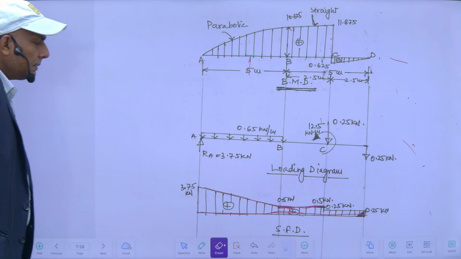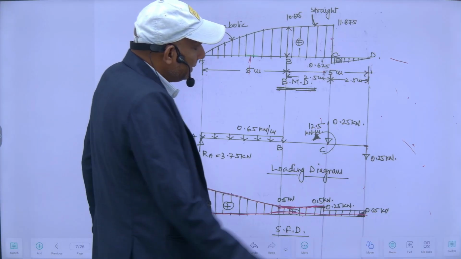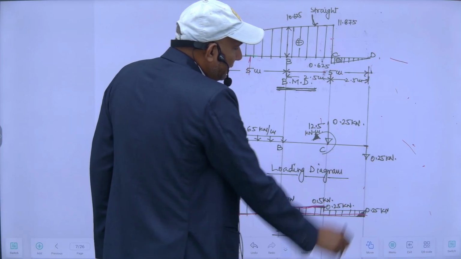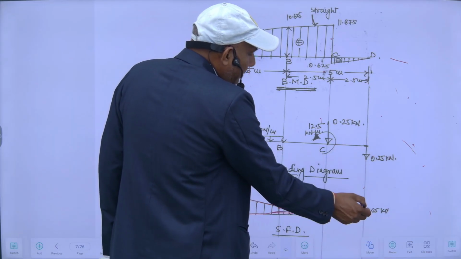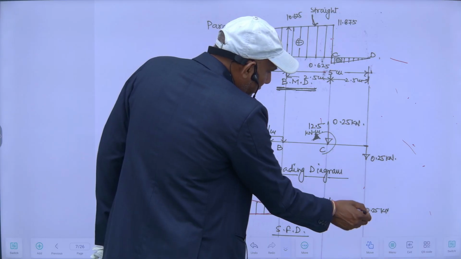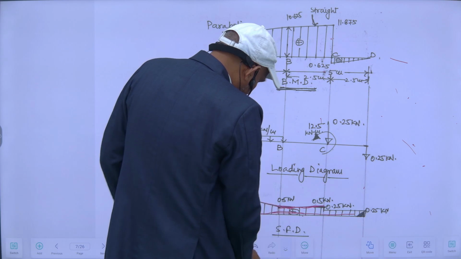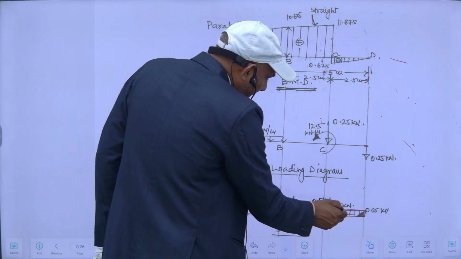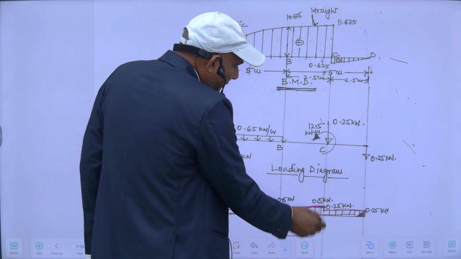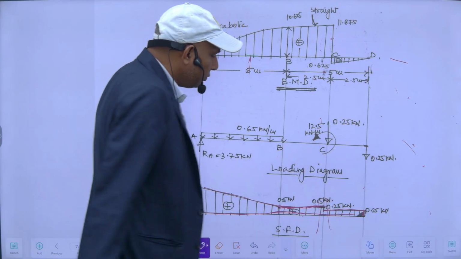And in this case, one thing is also there. If I draw the shear force diagram from here, since it is downward, from this side it will be a positive shear force. So if I start from here, it will be 0.25, and on the left side it is 0.5, on the right side it is 0.25.